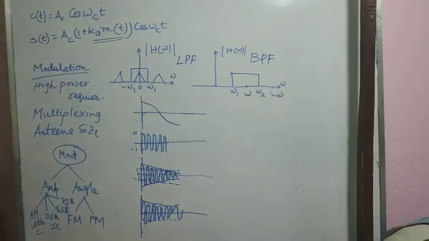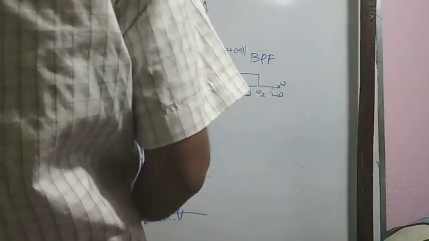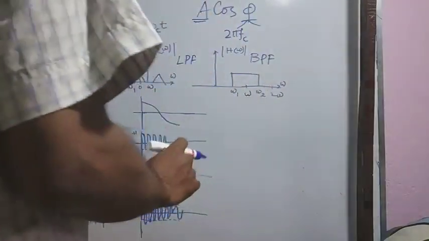And another is angle modulation. What is within the carrier? You see, one is amplitude and another is angle. And within this angle we have two parts. One is 2 pi fc t, and another is phase.